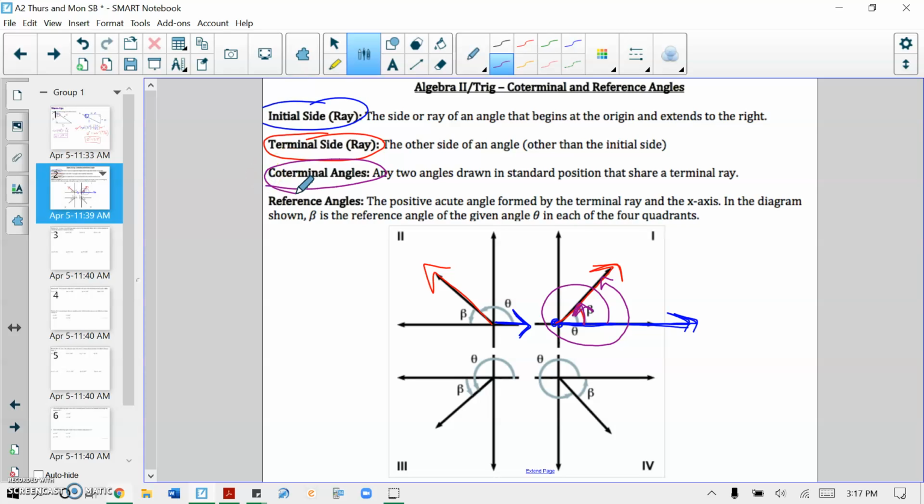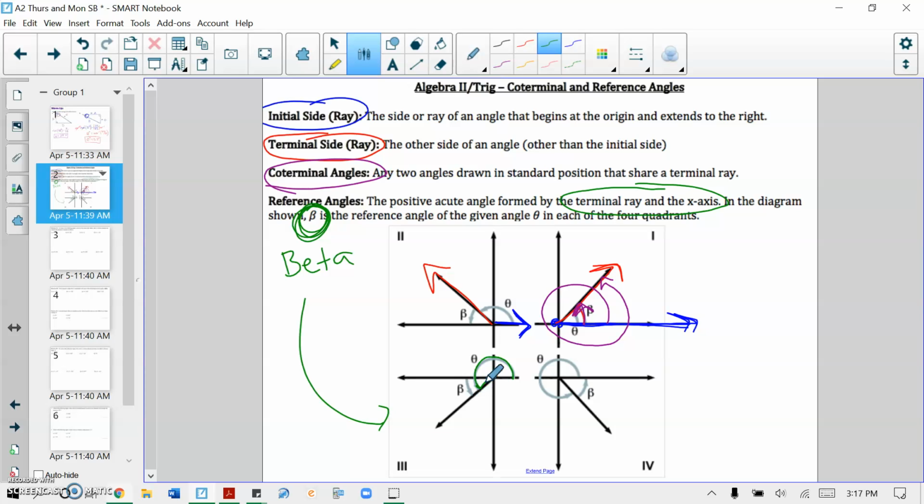And then reference angles are the positive acute angle formed by the terminal ray and the x-axis. You'll notice that all the reference angles in all these cases are notated by this symbol, and I've mentioned this before. This is beta, like capital B in Greek. For example, let's say you look down at this one right here. Notice how theta is this entire angle going all the way across.